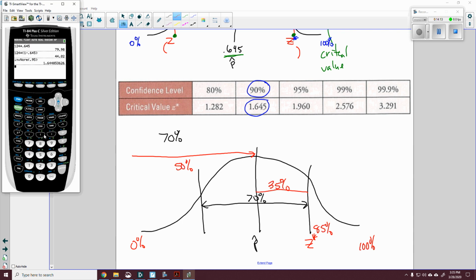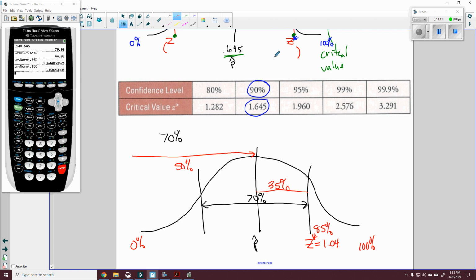I would go 2nd Distribution, inverse norm, 0.85, and I would find that the z-score at that point is equal to 1.04.